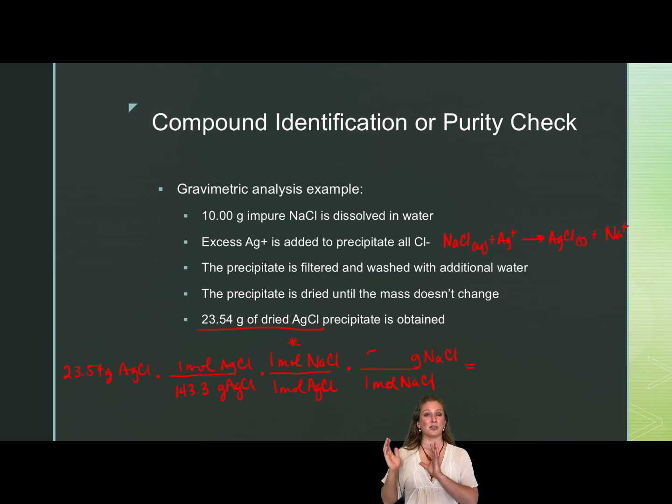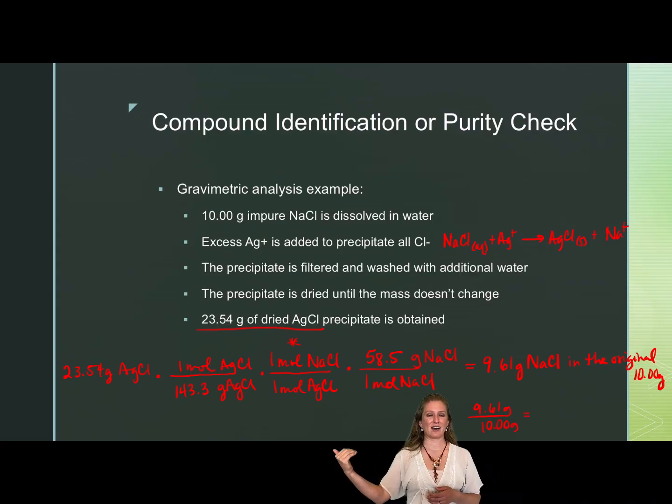Now we know the total mass of sodium chloride that was originally added out of the 10 grams that we measured of the impure substance. To find the percentage of sodium chloride in that impure mixture, we take the mass that we calculated divided by the original 10 grams, and we can find the percent of sodium chloride in the mixture.